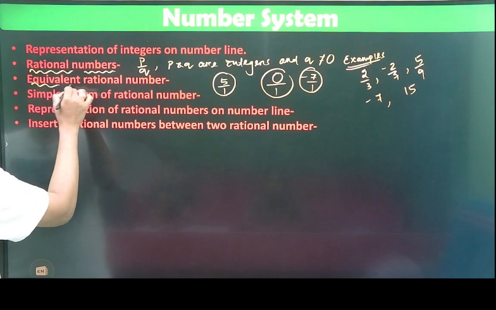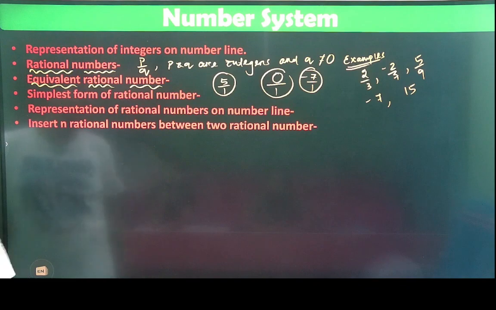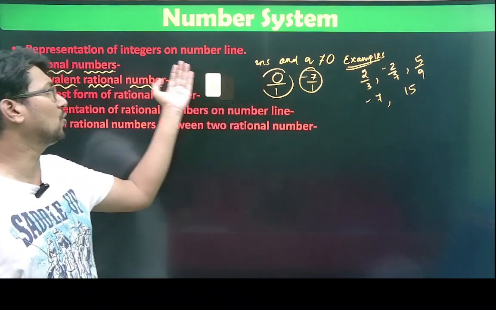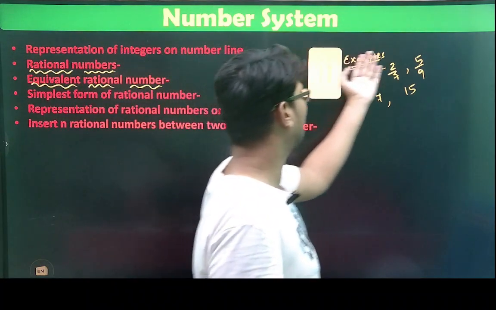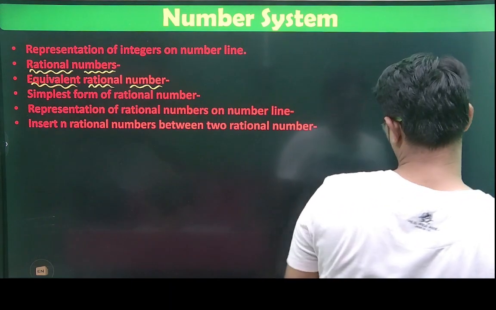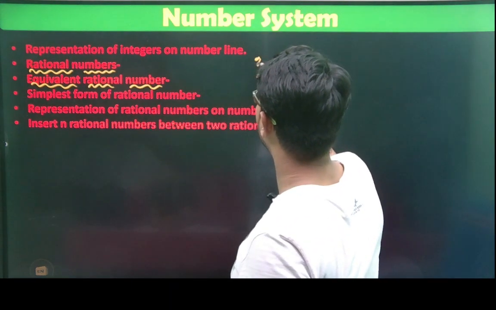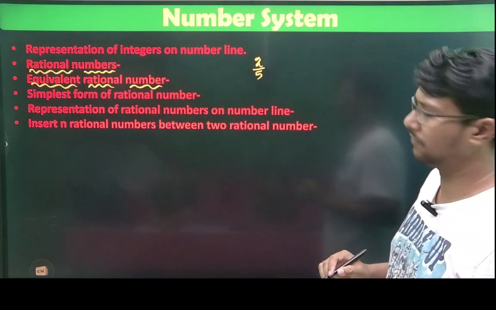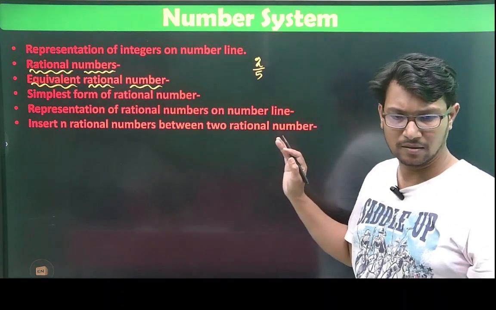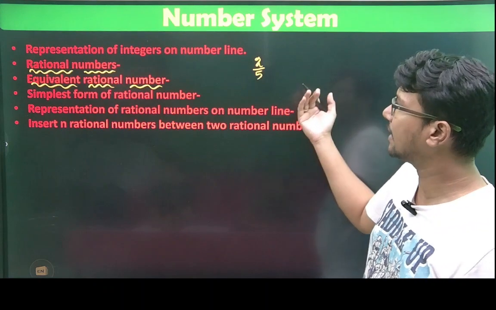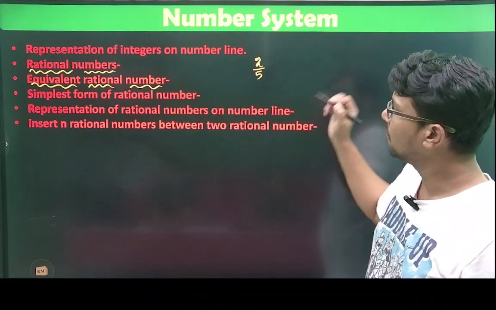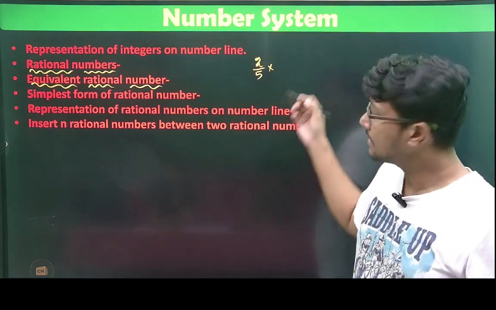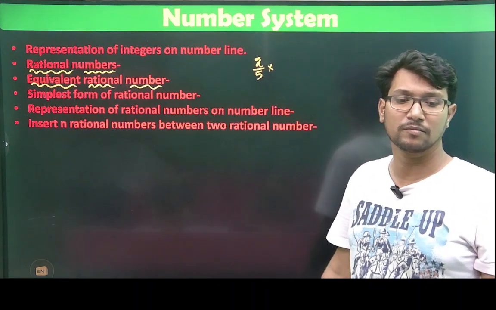Okay. Next is, what is an equivalent rational number? I will explain this through an example. For example, if I'm writing 2 by 5, this is a rational number. If I want to write an equivalent rational number of this, I will either multiply or divide the same number on both numerator and denominator.